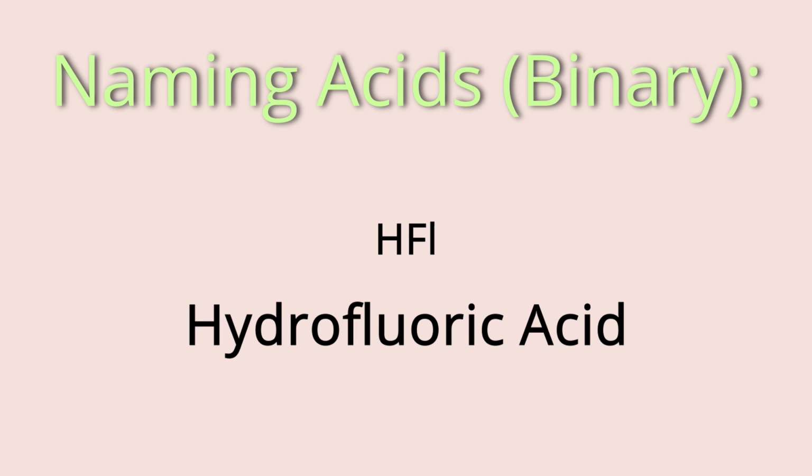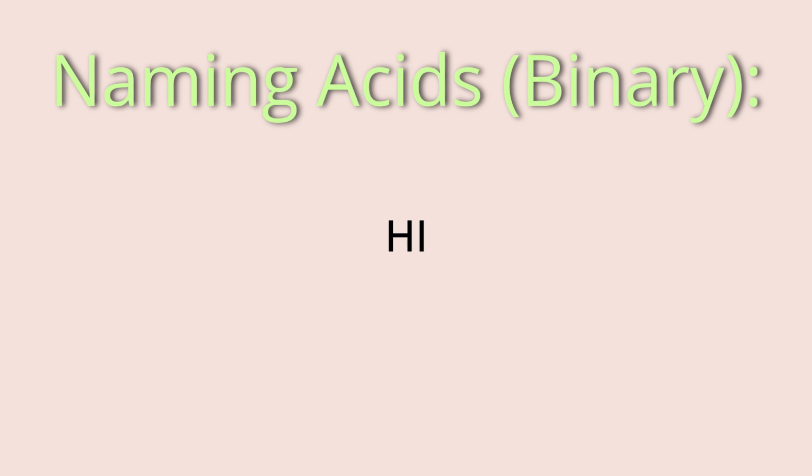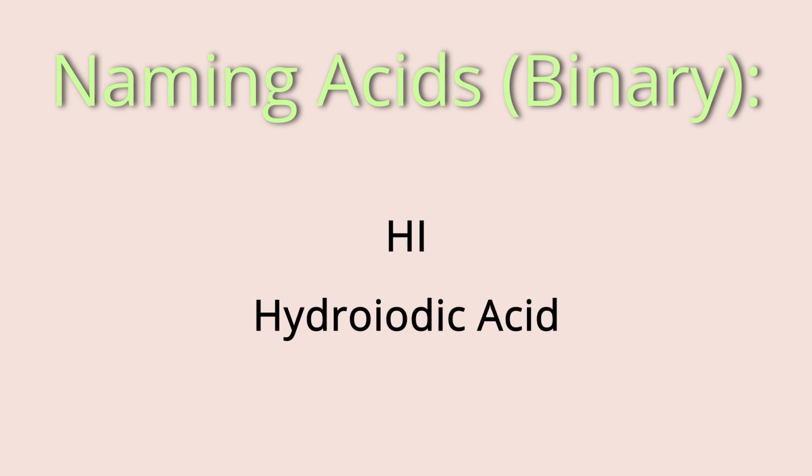So all you need to do is add hydro, so it'd be hydrofluor, and then you change the last syllable to ic, so it becomes hydrofluoric acid, and that's all there is to it. And we can do the same thing with iodine, for example. So it's hydro, iodic. Instead of iodine, you change the last syllable to ic, so it's hydroiodic. It's a hard one to say.